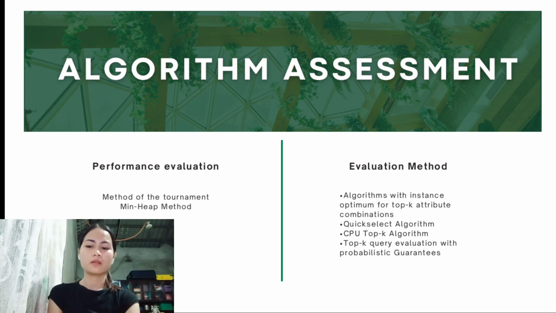So number 3, CPU top k algorithm. An additional method for identifying the top k components is the CPU top k algorithm, similar to quick select. It employs a special selection algorithm that divides the elements around a pivot. Two vectors are kept track of by the algorithm, one for the original items and another for the chosen elements. It locates the elements that are top k largest and top k smallest.